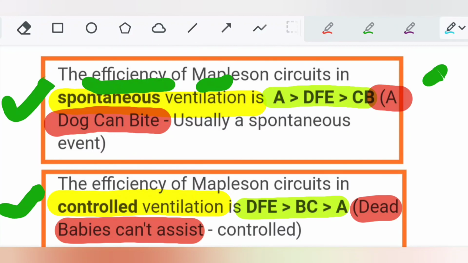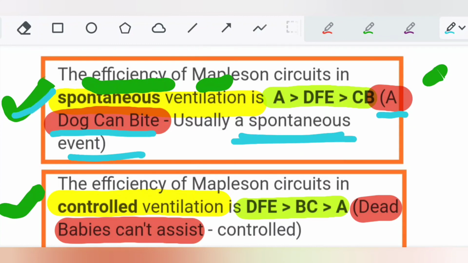For spontaneous ventilation, remember the mnemonic: A dog can bite. A dog can bite anyone, so it is for spontaneous ventilation. So A, D, C, B, and E and F will come with this.